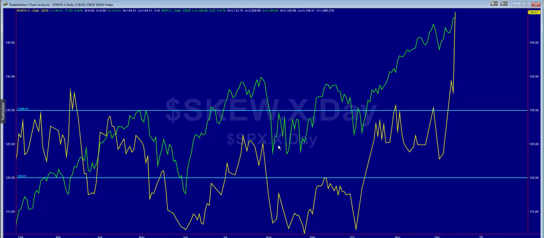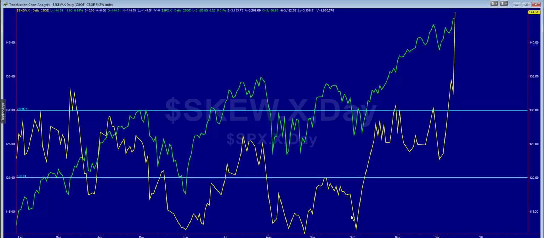This is the S&P 500 matched with the skew. Now notice here, this was back in September and October of just this past year. The market was headed down, very much so.